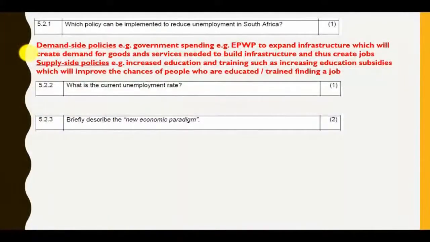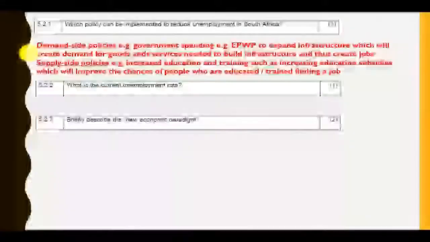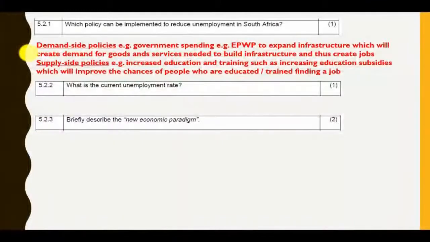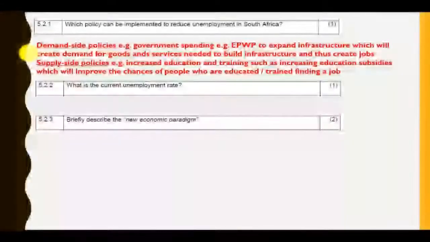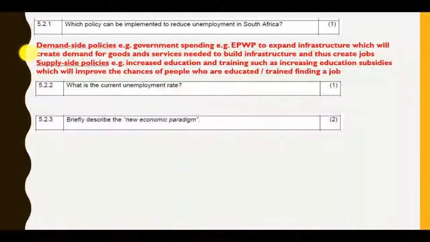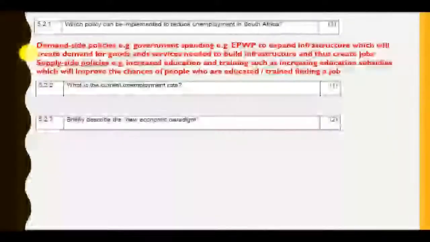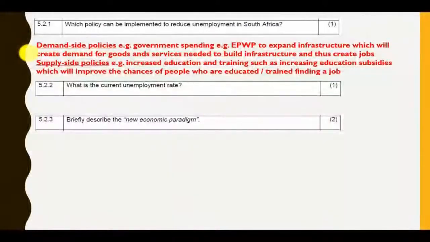And then you could have spoken about supply side policies. Remember, supply side policies, grade 12s, are all about increasing production, making it easier for producers to expand the output that they can produce. So one way to do that, that's related to unemployment, is increased education and training.